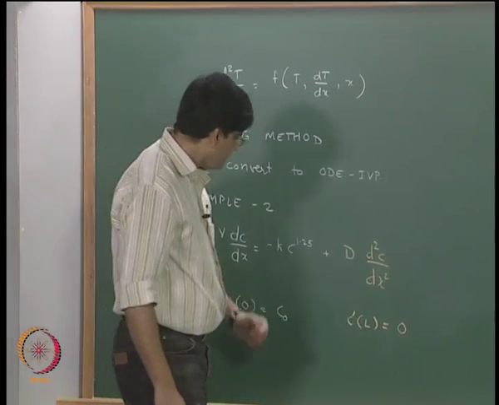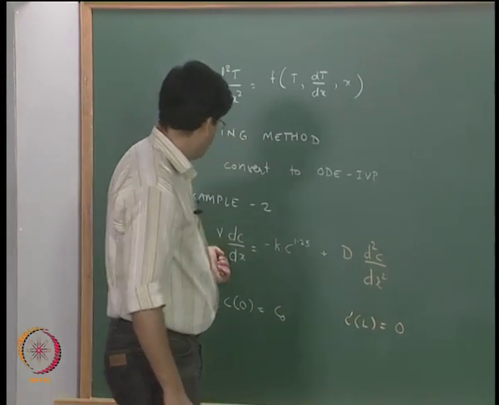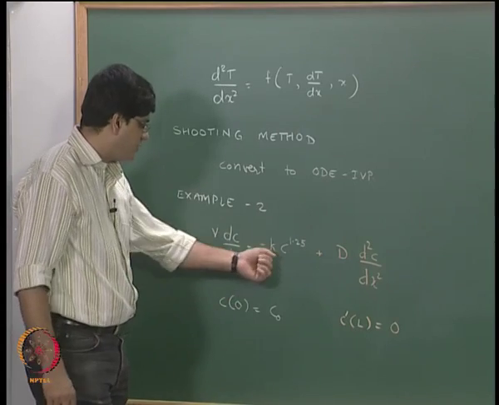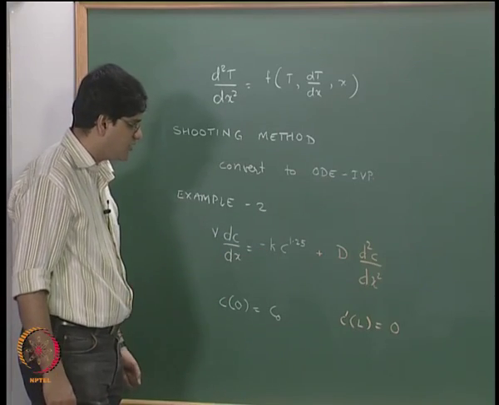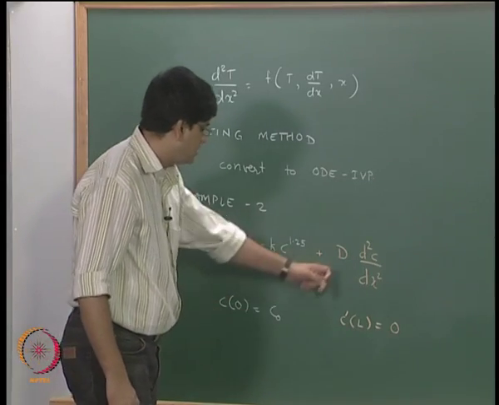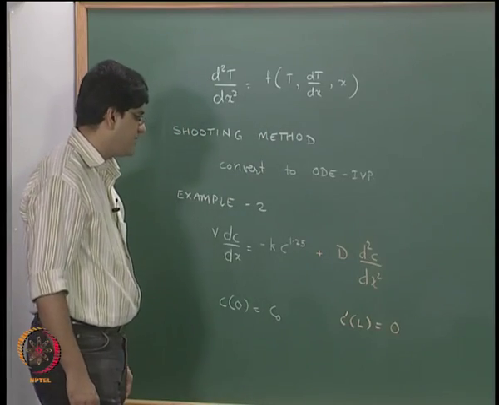Okay. So I believe the values that we had taken in the previous module were K by V equal to 1 by 2, and D by V we can take as 1 by 200.